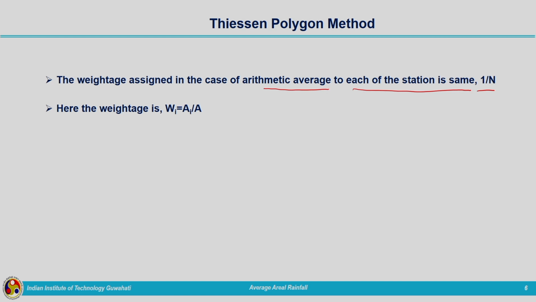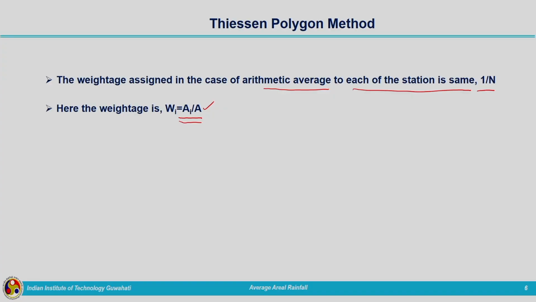In the Thiessen polygon method it is Ai divided by A. So a representative weightage in terms of the total area and the area of the Thiessen polygon is used, but in the simple arithmetic average method the weight depends only on the number of rain gauges, that is 1 by n.